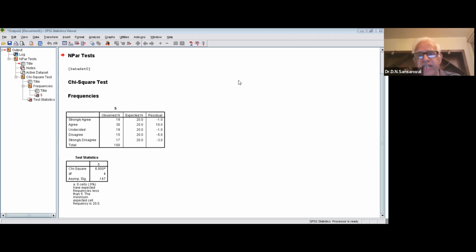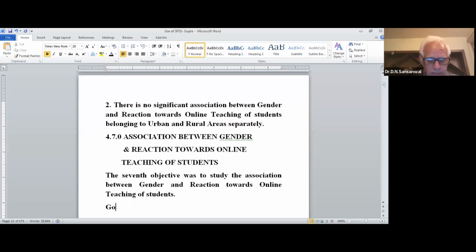Goodness of fit test. So this is the goodness of fit test. But my objective is different. But if you have that as an objective, then you can do.